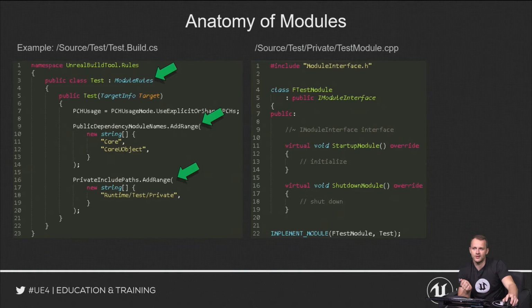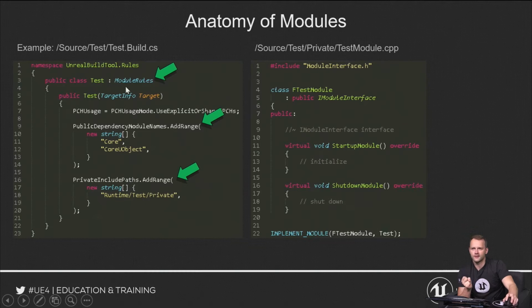And what UBT does each time you compile your project is to parse, it searches all the directories in your project for build.cs files and builds a list of all the modules that are available. It then compiles these build.cs files and executes them as part of compilation.